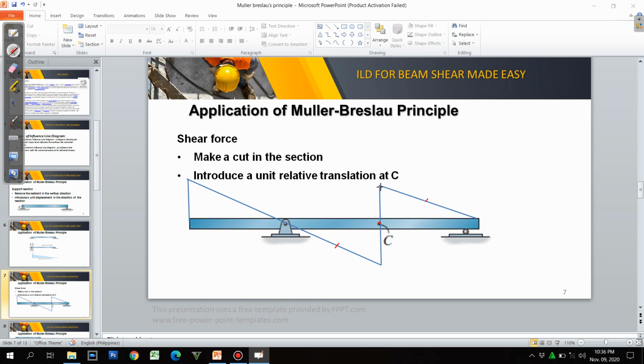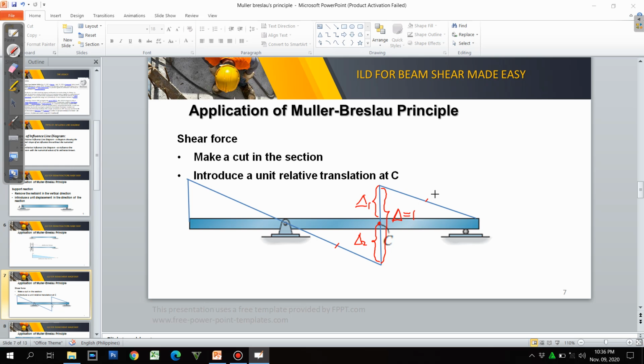And if we are going to name this as delta 1, and this as delta 2, it will just yield to the total delta, which is equal to 1.